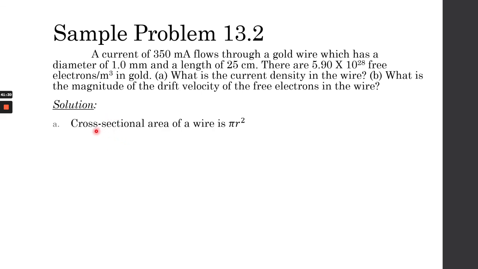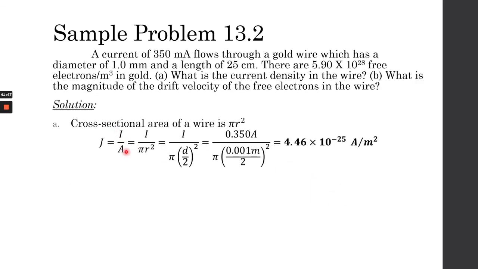Solution. The cross-sectional area of a wire is pi r squared. Don't you guys remember this? Usually if you're talking about a wire, the cross-sectional area of a wire is pi r squared. So we're going to use this equation first. We are given the I. We just have to solve for A, which is I over pi r squared.